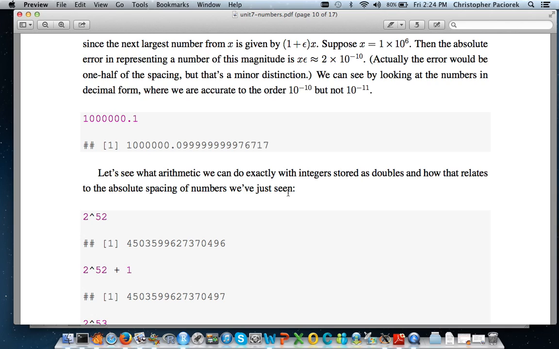So 1 point something times 2 raised to some power. I want to write these in terms of base 2. So a bunch of zeros, and then 2 to the 53rd. There's nothing too much going on here.